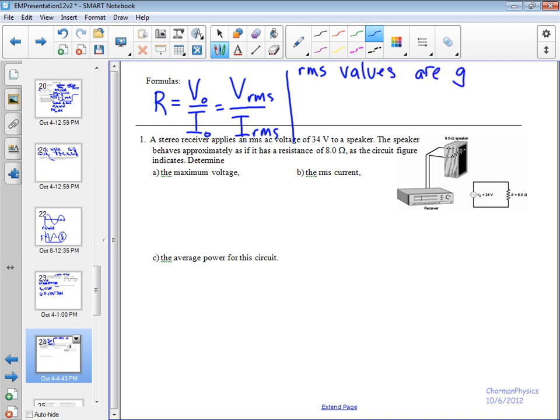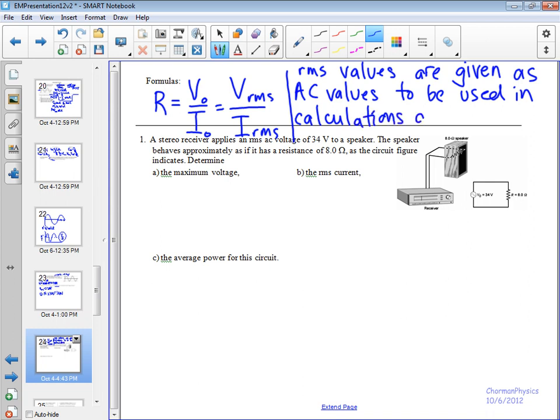So again, just to repeat that one, the RMS values are given as AC values to be used in calculations as if they were DC values.